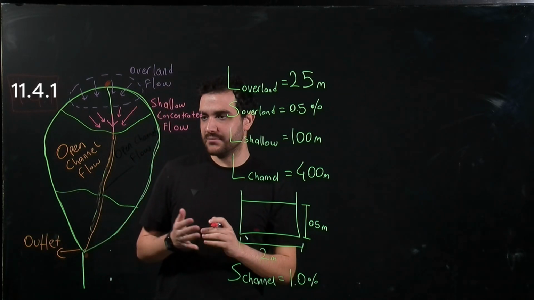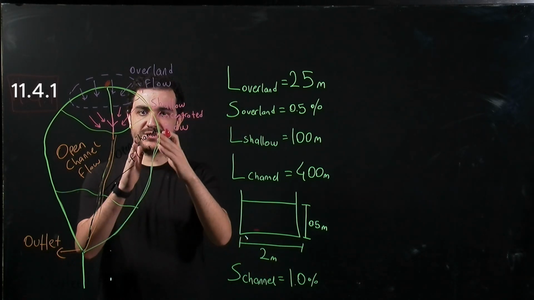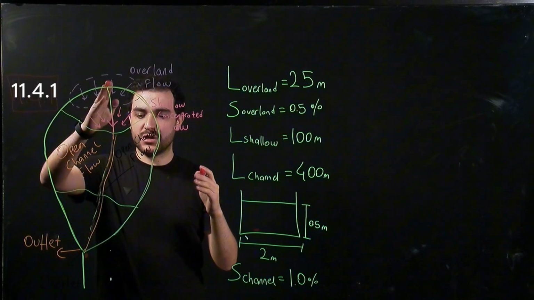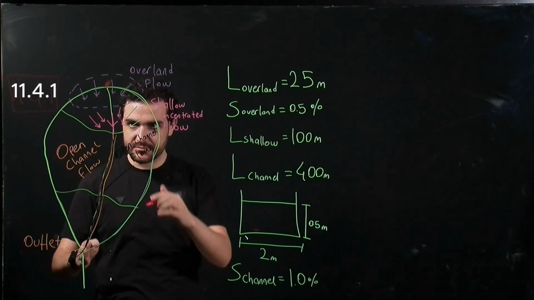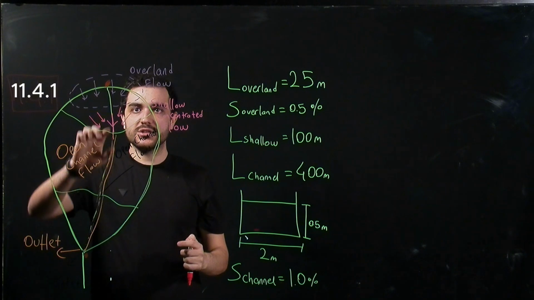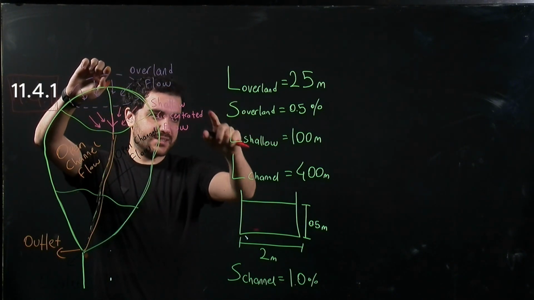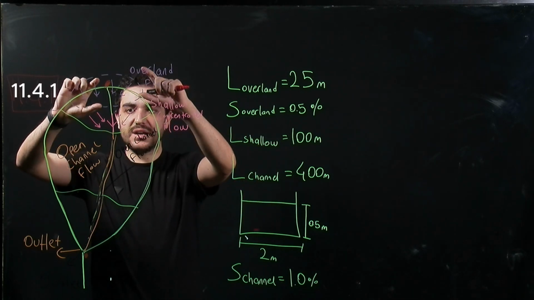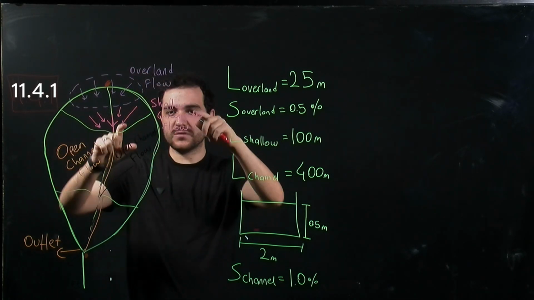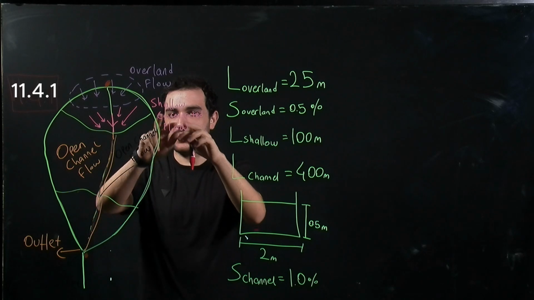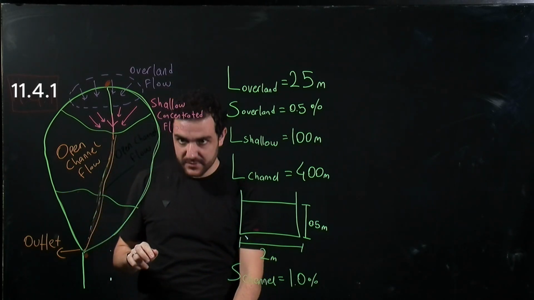And to find that, we will have 3 different flows throughout this watershed. The first one is overland flow, which was given here. After that, this overland flow is flowing into the shallow V channel.